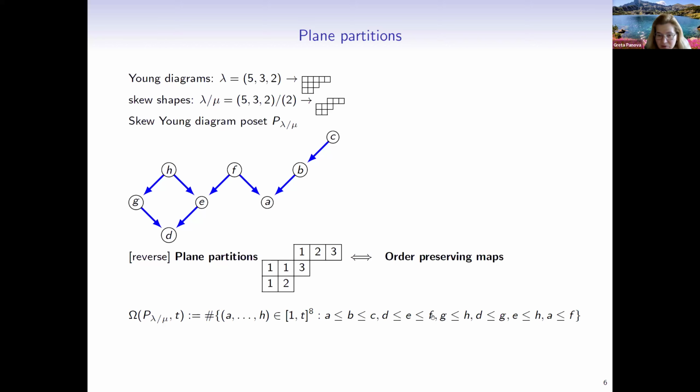So these are the rows. G is less than or equal to H is another row, and D is less than or equal to G. This is a column, another column, and so on. So this is what the partially ordered set looks like. And in particular, if we do plane partitions with elements from 1 up to T, and we want to count them, this is exactly the order polynomial of this poset.